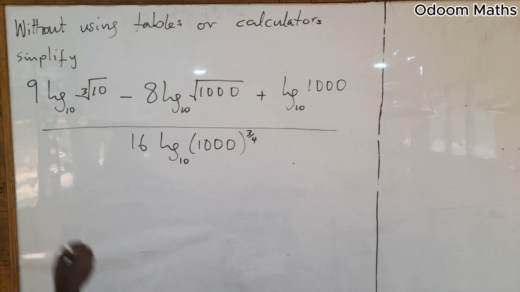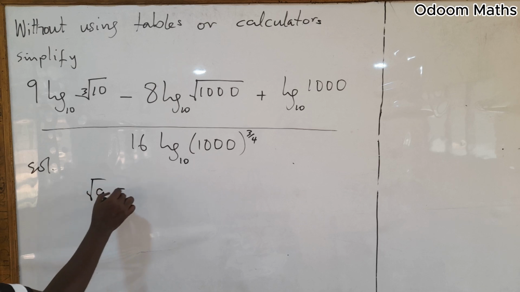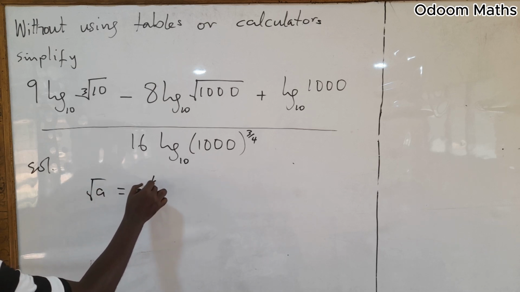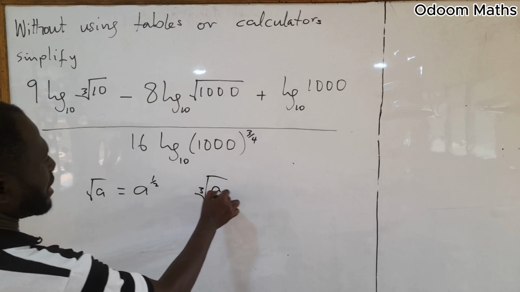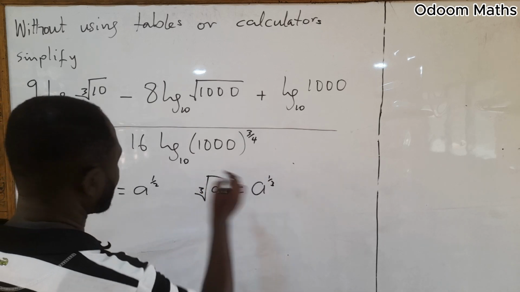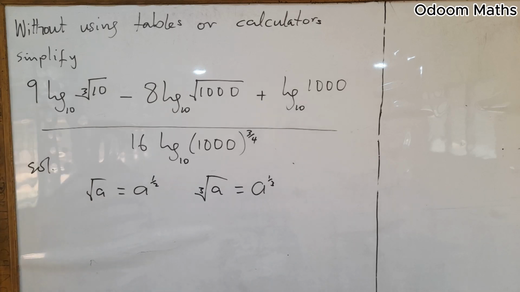Okay, so we said that root of a is the same as a to the power 1/2. So it means that cube root of a is also a to the power 1/3. Okay, so now we can look at this in that nature.